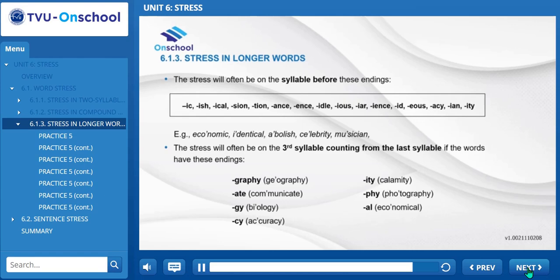Or communicate. If you count from the last syllable, cate, ni, mu, we have stress on mu. Communicate. Try reading the other words.